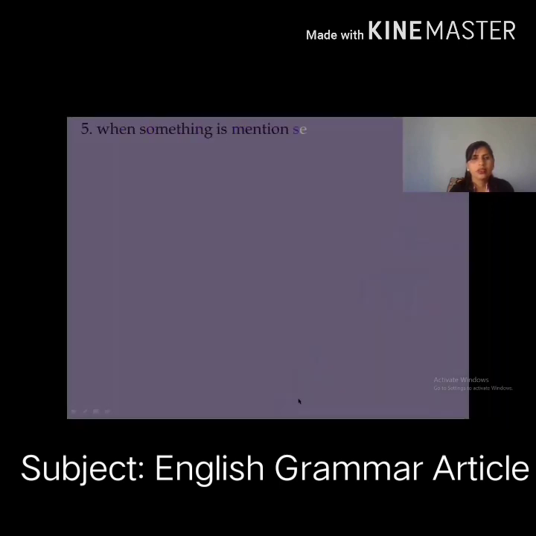The is used when something is mentioned the second time. For example, there were two boys. The two boys helped me. Second time means the noun is repeated the second time. At that time, before the repeated noun, we use article the.